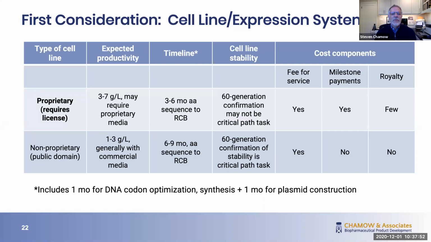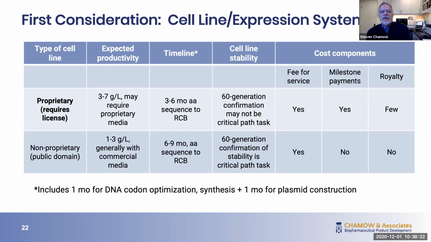So the proprietary type of expression system requires a license. And the expected productivity tends to be higher than for non-proprietary systems, potentially significantly higher. And it may also require proprietary media. The timeline also tends to be shorter, 3 to 6 months from amino acid sequence to R&D, to RCB.